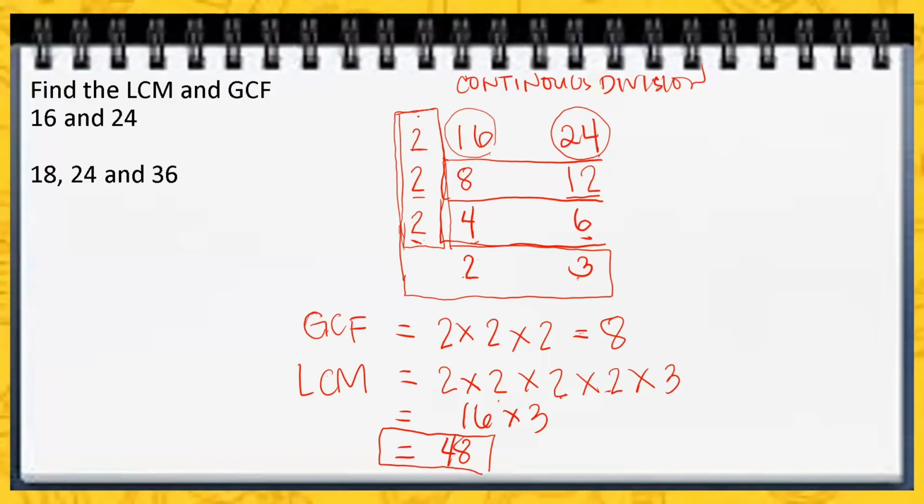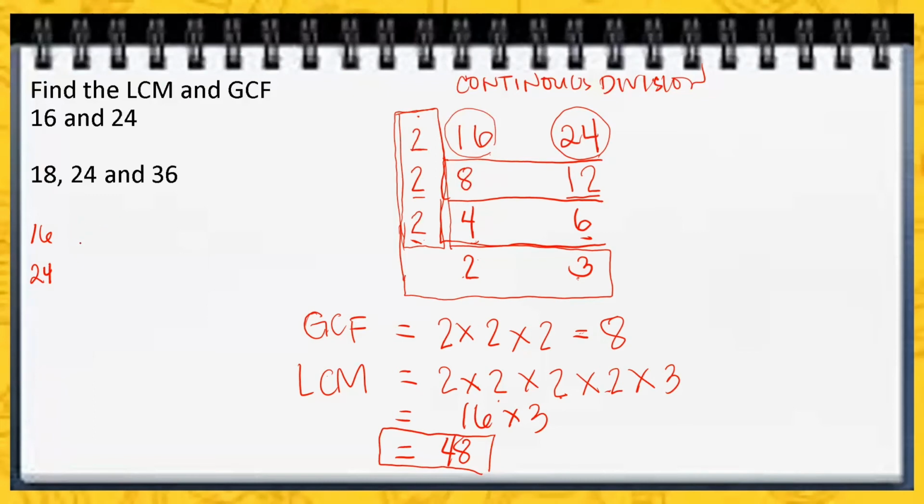So this is using the continuous division. So what if we are going to use the common factor and also the multiple of each number? So ang gagawin lang natin is we're going to list the number vertically. So let's say we have here the 16 and this one is 24. So yung 16 natin, so for common factor or the GCF, we will look for the factors of 16 and 24.